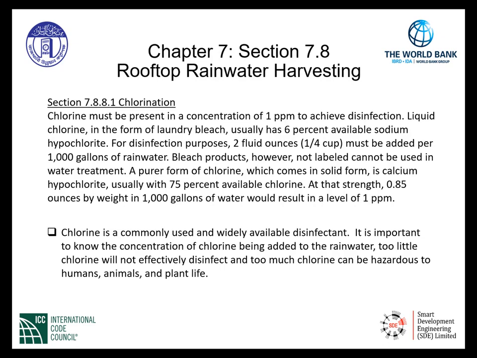It's important to know the concentration of chlorine to be added to the rainwater. Too little chlorine will not effectively disinfect, and too much chlorine can be hazardous to humans, animals, and plant life. So one must be careful when disinfecting the system and use the ratios accordingly in a safe manner.